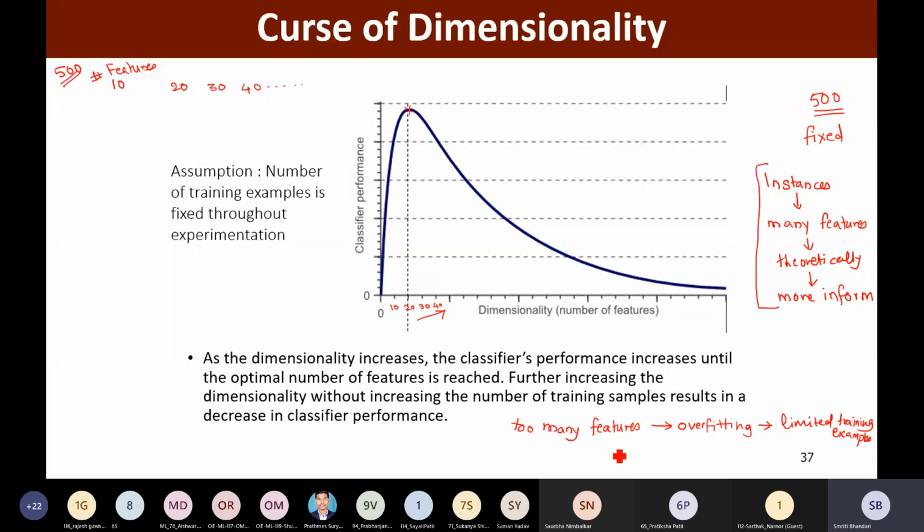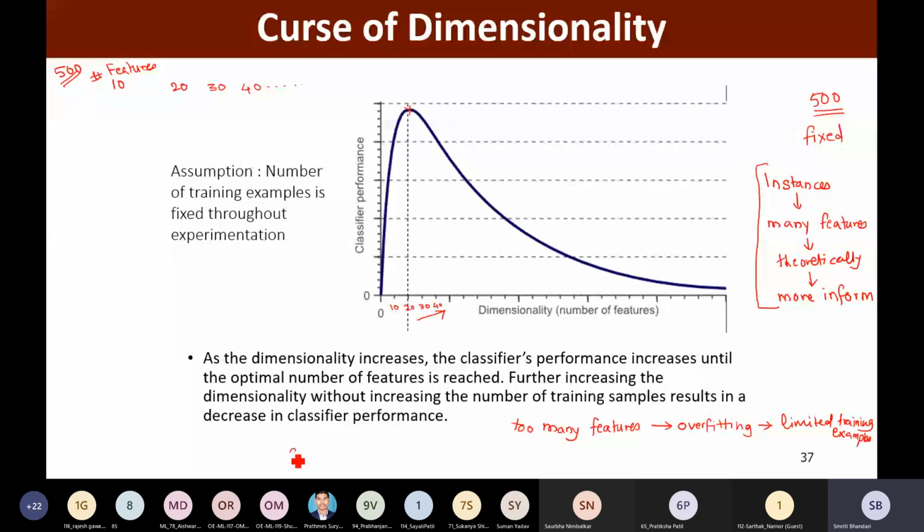In other words, if the amount of available training data is fixed, then overfitting occurs if we keep adding dimensions. If we keep adding dimensions, the amount of training data should also grow exponentially fast to maintain the same coverage and to avoid overfitting.